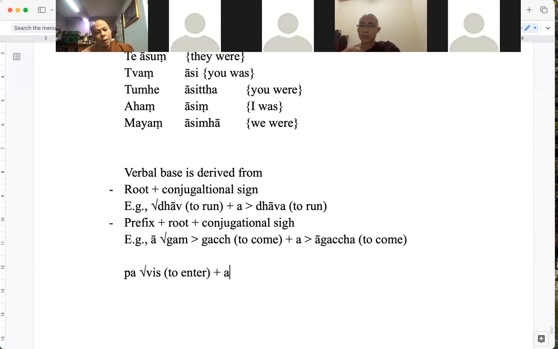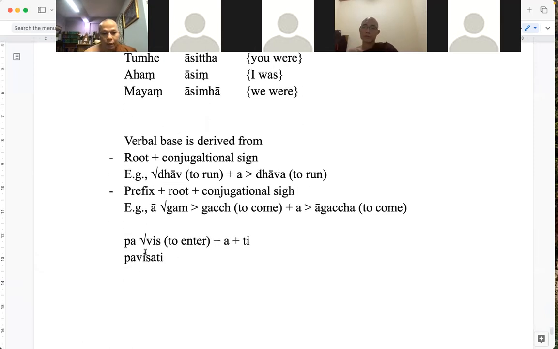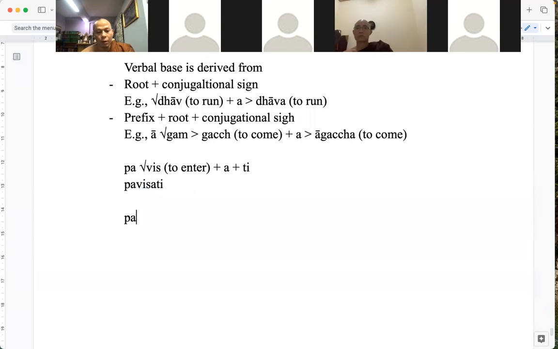In the present tense, we have pavisati. If we remove the verb termination, we have the pavisa base. For the past tense, prefix pa, root vis, the sign is a. Simply we can say pavisa, and we use the past singular termination, so it becomes past tense.